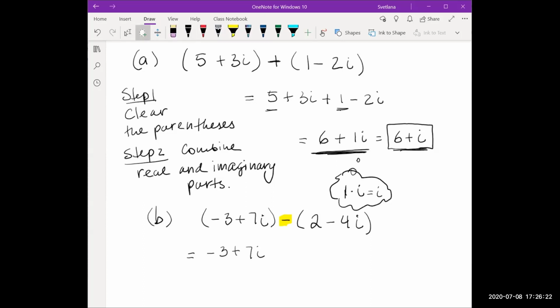Now, when I move on to the second set of parentheses, I notice that in the front I have a negative sign, because I'm subtracting. And that means that this time, to clear the parentheses, I have to distribute the negative sign. That's kind of all the prerequisites, so most likely you're already familiar with that.